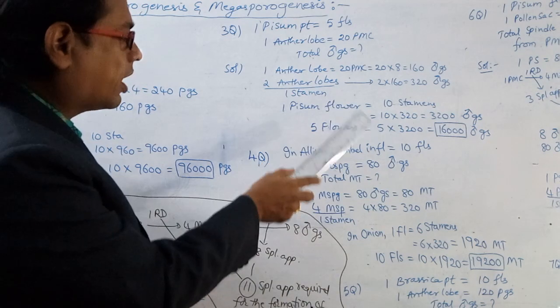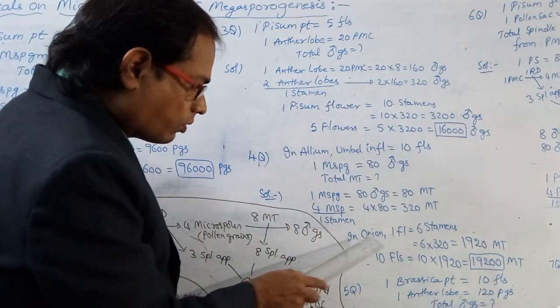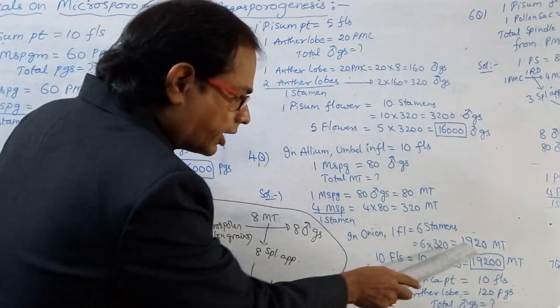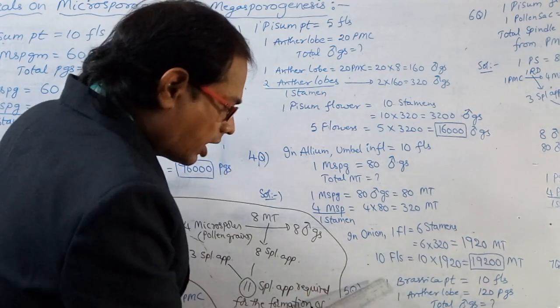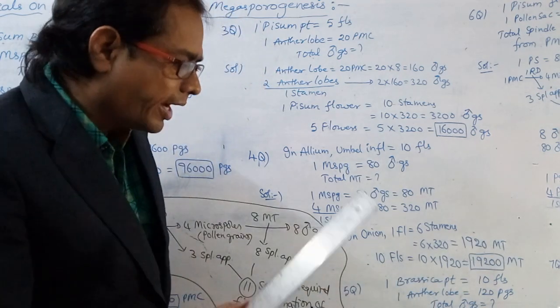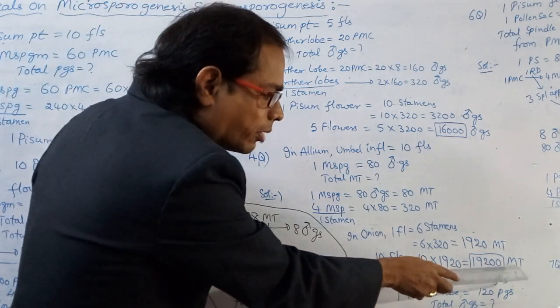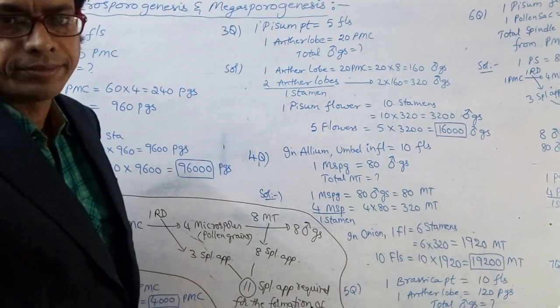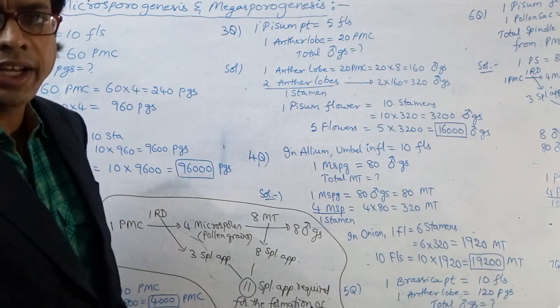So they asked for 10 flowers. One flower containing 1920 mitosis, and for 10 flowers means 10 into 1920, that is equal to 19,200 mitosis. Isn't it? Is it clear, my dear students?